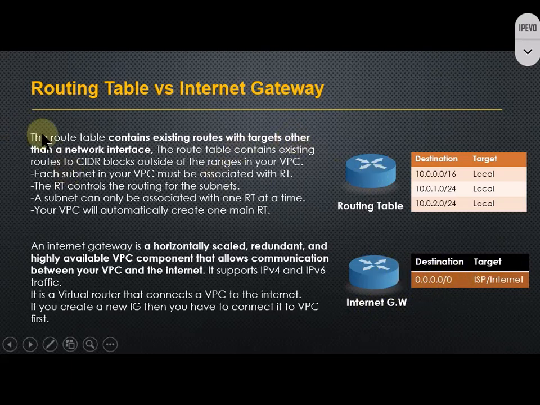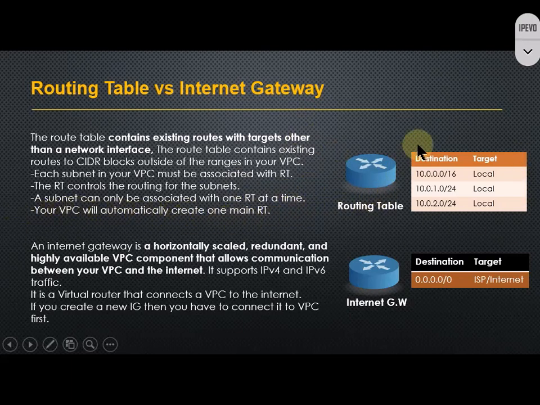So what is a routing table? First, the route table contains existing routes with targets other than network interfaces. The route table contains existing routes to CIDR blocks outside of the ranges in your VPC. Each subnet in your VPC must be associated with a routing table. The routing table controls the routing for the subnets. A subnet can only be associated with one RT at a time. So this is very important. It means, as I will show you in the next slide, your VPC will automatically create one main RT.